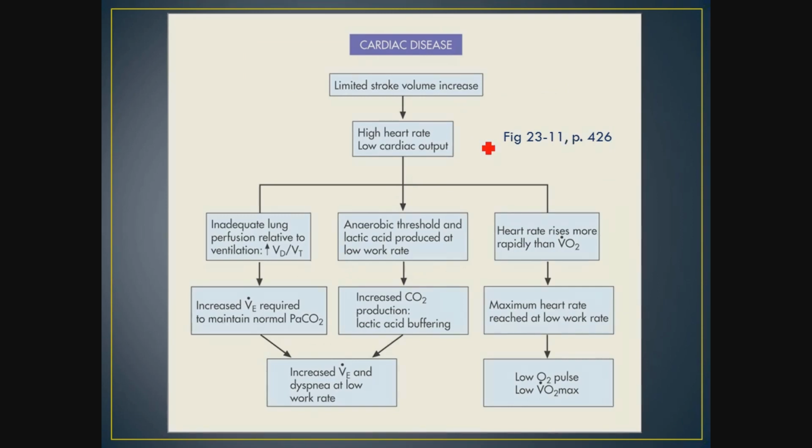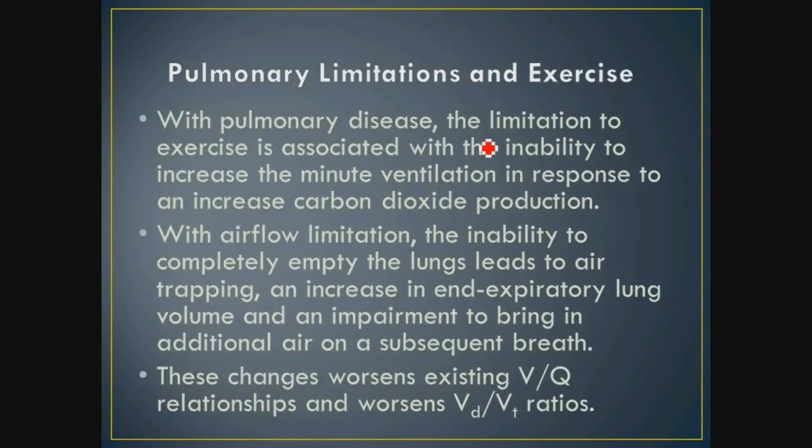And this is in your text. It's very ugly looking, but it's basically talking about different conditions that can exist as to why somebody becomes dyspneic during exercise. This is a cardiac limitation that basically can't generate the stroke volume. Why? Reduced contractility, reduced preload, increased afterload. With a pulmonary limitation, on the other hand, the primary problem is the inability to generate a tidal volume that's large enough.